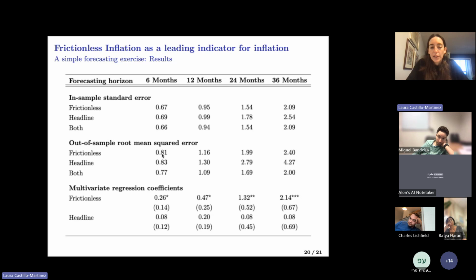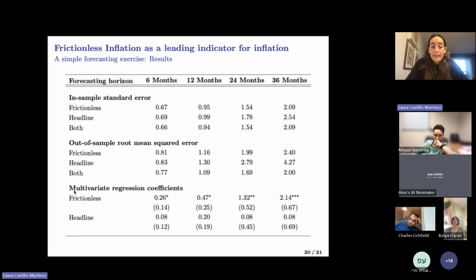But the main message holds, whereby frictionless does better than headline. And that difference again increases with the forecasting horizon. Here, including the two of them together increases forecasting performance quite a bit more than before. But again, the biggest difference is coming from the frictionless component more than the headline component.